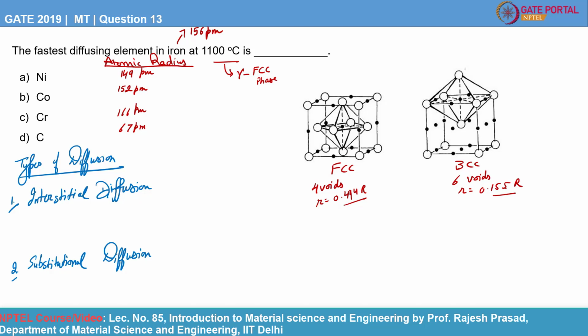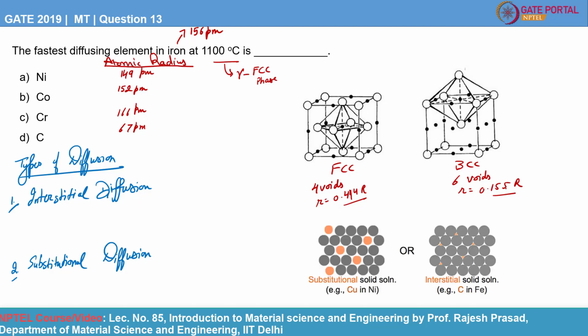So the interstitial element can sit more comfortably in the octahedral void of FCC. Although the number of voids is higher in BCC, the size of the voids is smaller. So the solute atom will find it more convenient to diffuse in FCC as compared to BCC, due to the larger size of the octahedral void. Here you can see in this image, it is clearly seen.